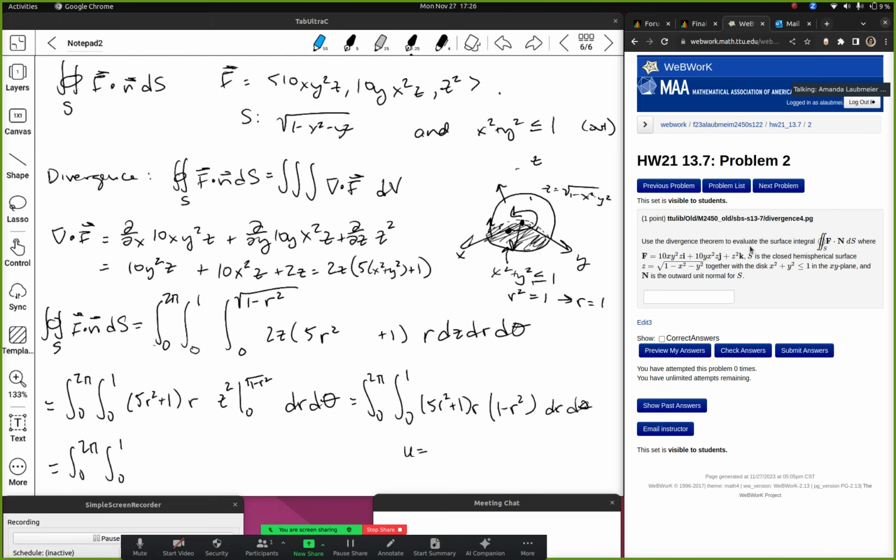I want to take u equal to r squared, then du is 2r dr, or r dr is du over 2. So I'm going to have 5u plus 1 times 1 minus u, and then this r dr becomes du over 2.